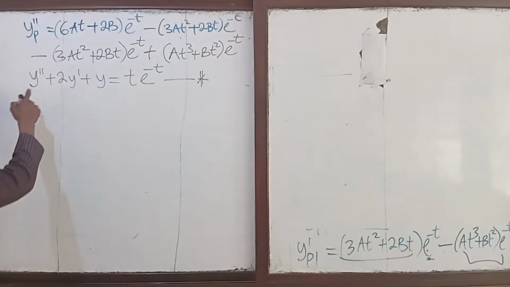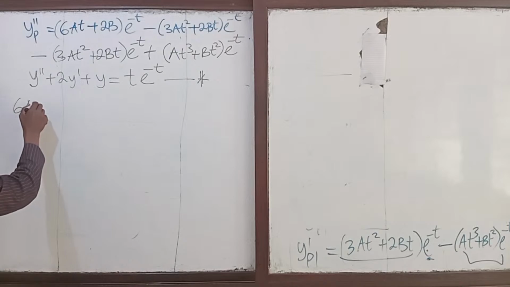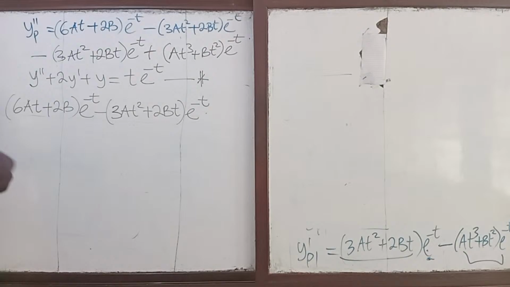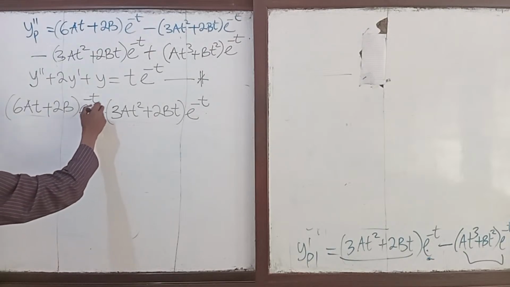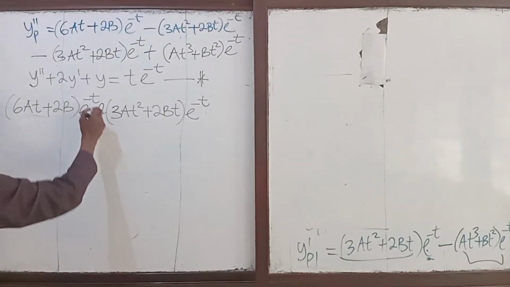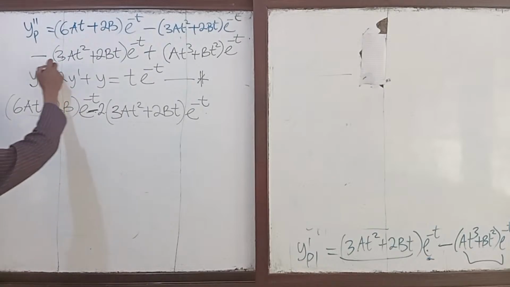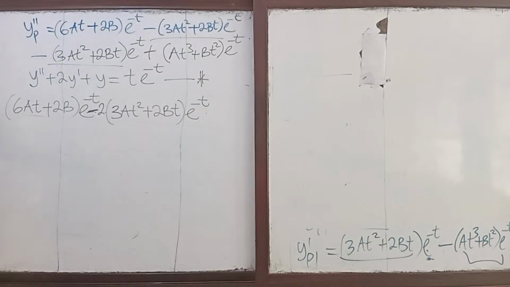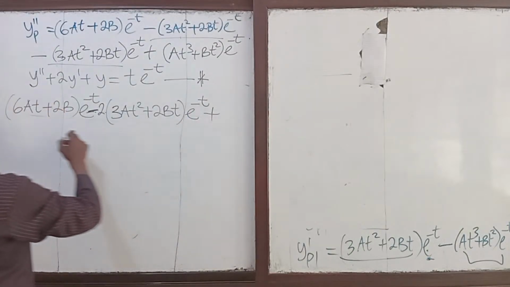Put this differential there, which is 6at. This one and this one are the same thing, so it's giving us 2 minus 2 here. We're having 2 here, and this is here, so that's minus 2 of that function. Then plus the third one.